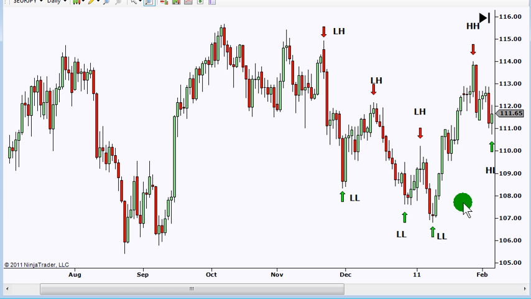Well, we need to see that breached, right? Now I'm just using normal market swings here. It gets even more complicated, right? Because we can actually call this a swing high. There's a lower high here, lower high here, with a higher high right here in the middle. It's basically a three candle pattern here. 1, 2, 3.